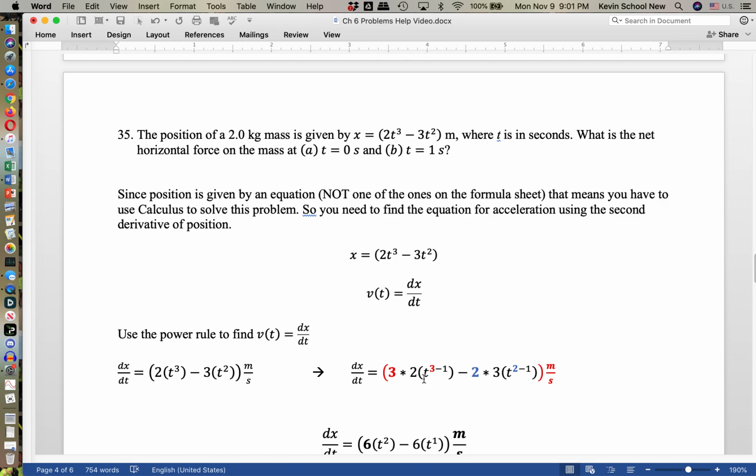But the question is, what is the net horizontal force on the mass? For part A, it's at time 0 seconds, and then what's going to be the net force in the horizontal direction if the time is 1 second.